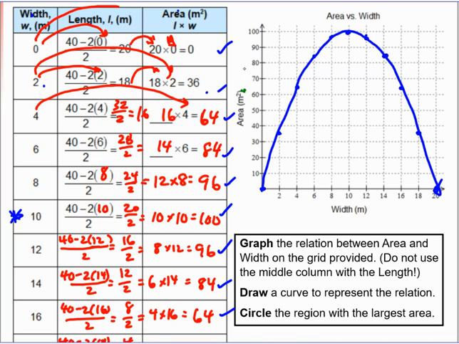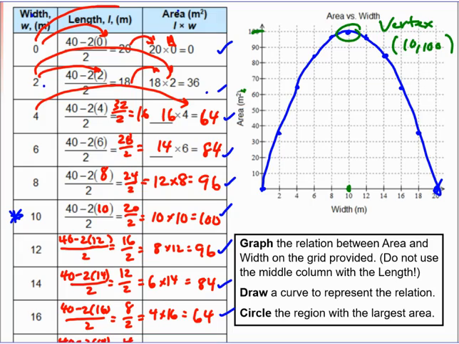Where is the area the largest? Up here. We call this the vertex, where it's the largest. And what's the dimensions? Well, it's at 10 meters and 100. 10 meters of width makes 100 area.